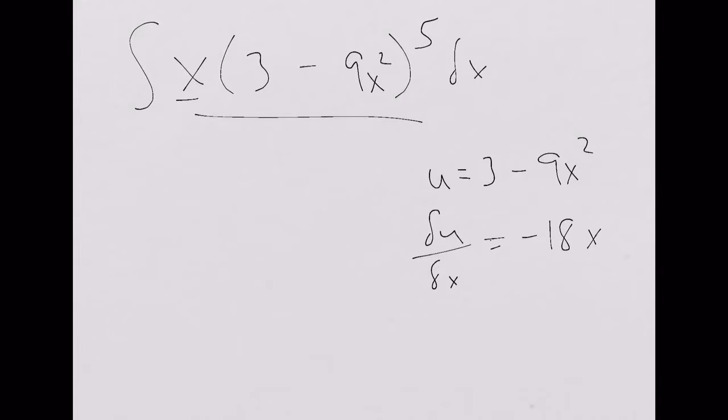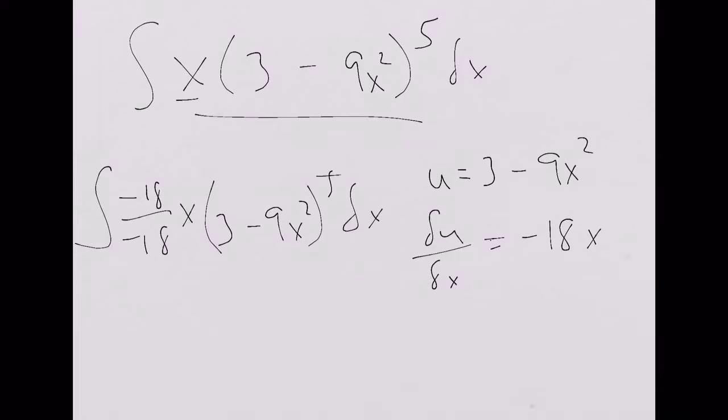So what I could do is maybe add an 18 or a negative 18. And so I'm going to rewrite my problem, and I'm going to say negative 18 over negative 18 times x, 3 minus 9x squared raised to the 5th dx. So hopefully we agree that by adding negative 18 over negative 18, I haven't changed it any.